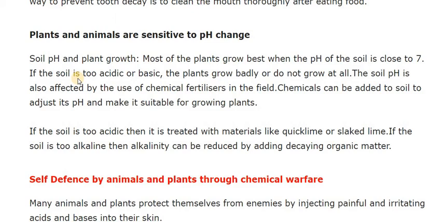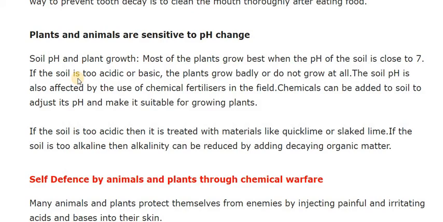The pH of the soil is also affected by the use of chemical fertilizers in the field. So chemicals can be added to the soil to adjust the pH and make it suitable for the plant. How? Suppose the soil is becoming more acidic, then we have to use a basic fertilizer in the soil.